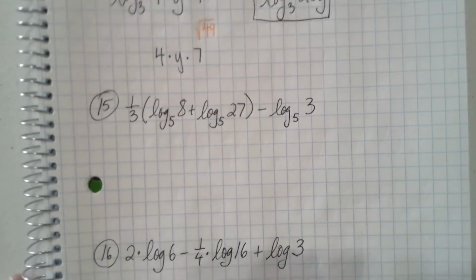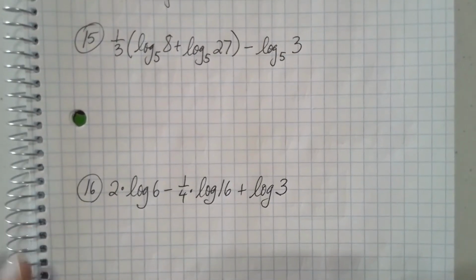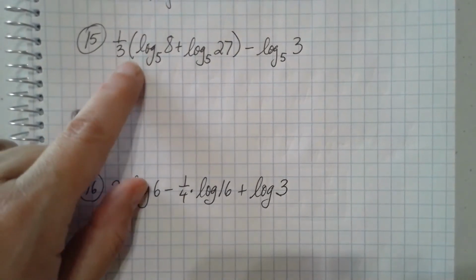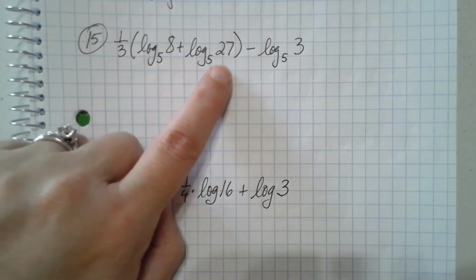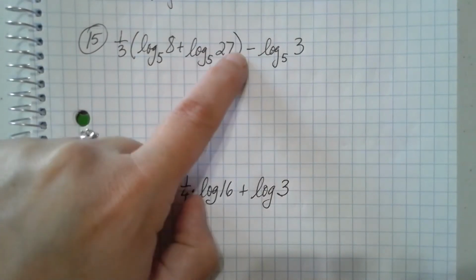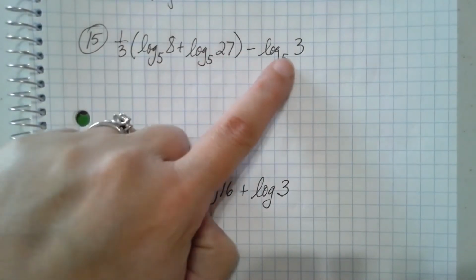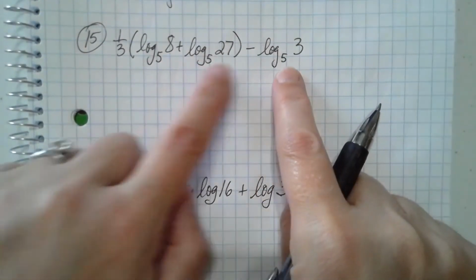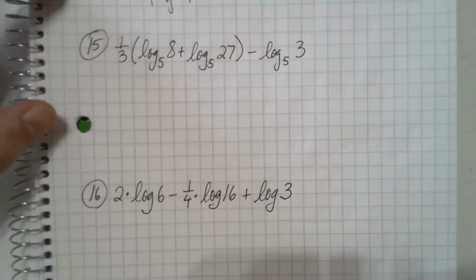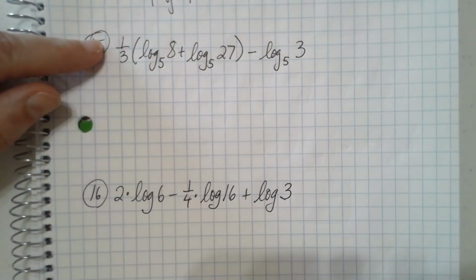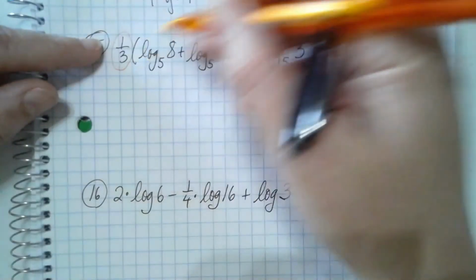All right, we're going to do 2 more, just with the exponent stuff, because it's a little different. All right, 1/3 parenthesis log base 5 of 8 plus log base 5 of 27, close parentheses, minus log base 5 of 3. Okay, so again, I have the same base for all of them, so I can consolidate this into one. Okay, so what we're going to do is we're going to take this number out in the front, and we have to distribute it to everything in this parentheses.